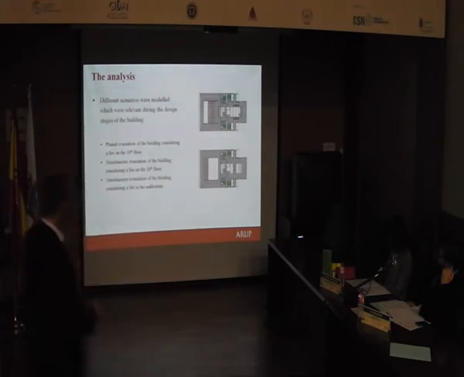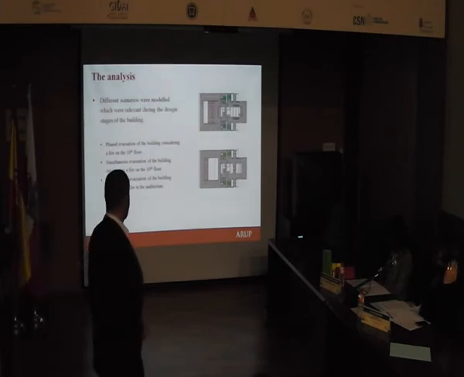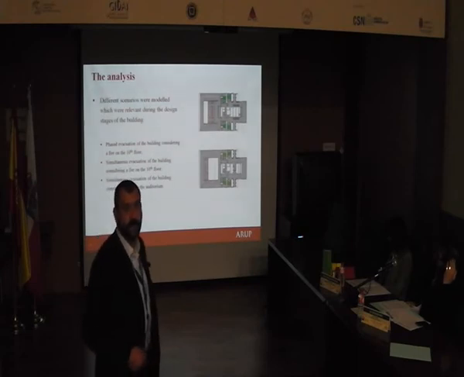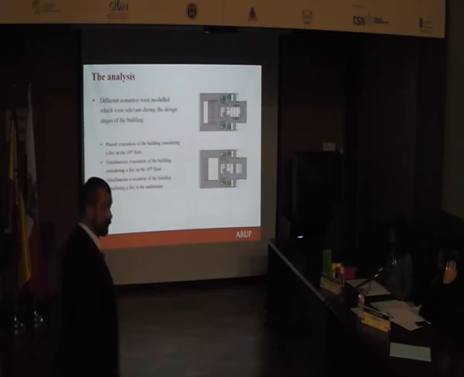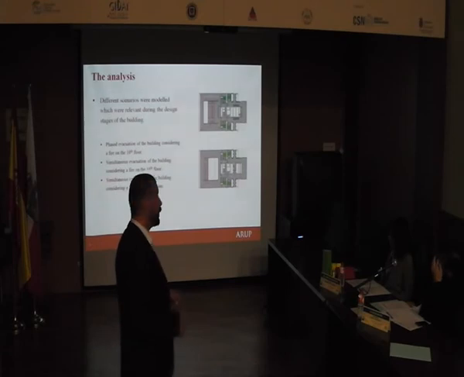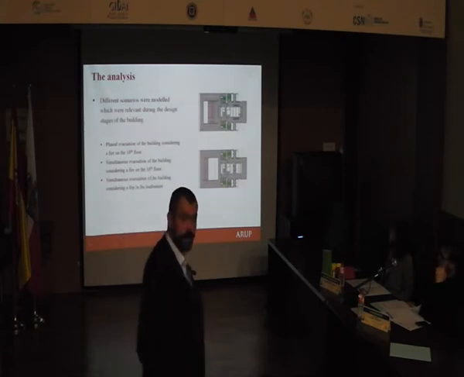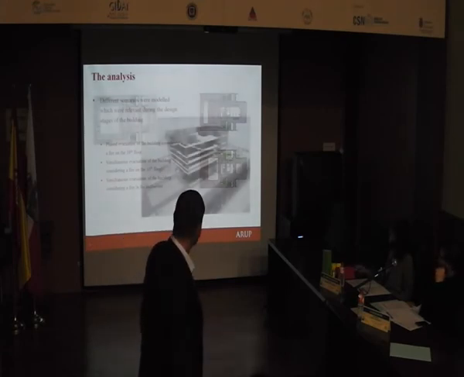The scenarios include a phased evacuation with a fire on the 10th floor, so evacuation of the 10th floor first, and then all the other floors after a few minutes, then a simultaneous evacuation of the whole building, and finally a simultaneous evacuation of the auditorium and the building. So all the people are managing these stairs.